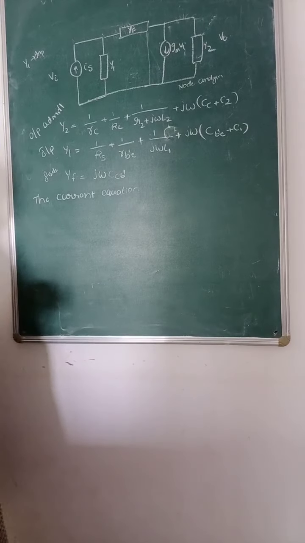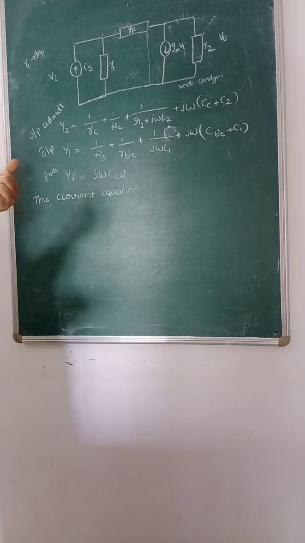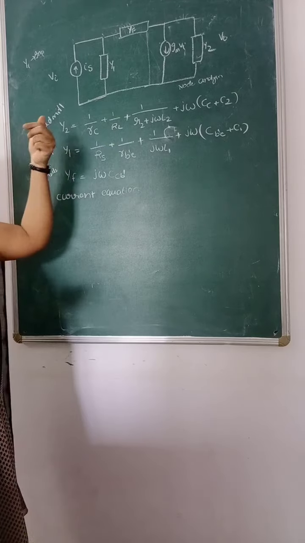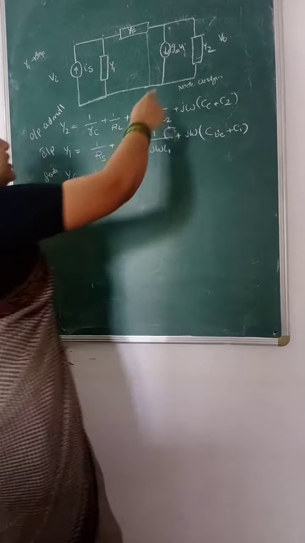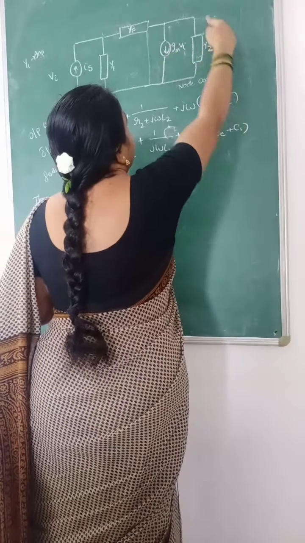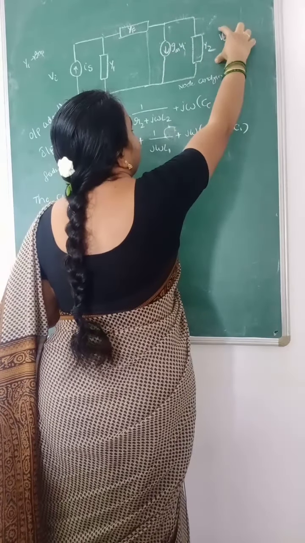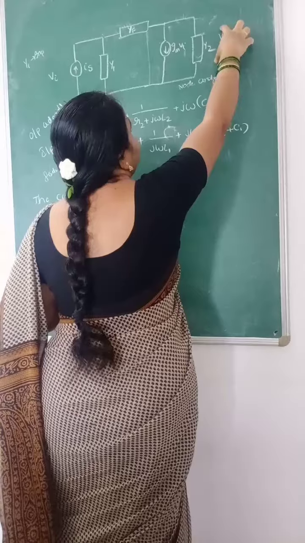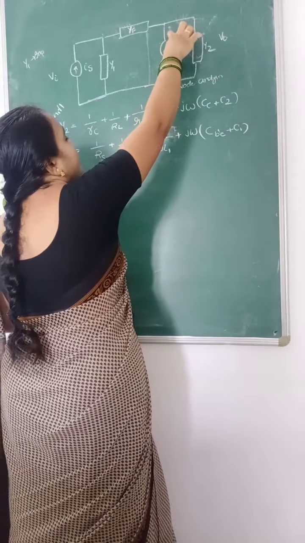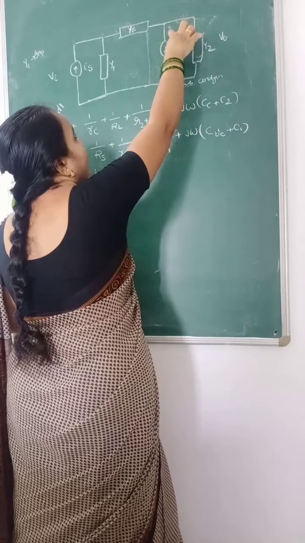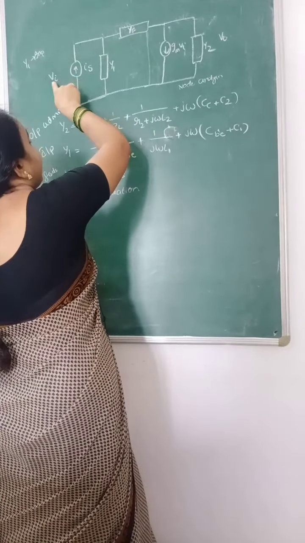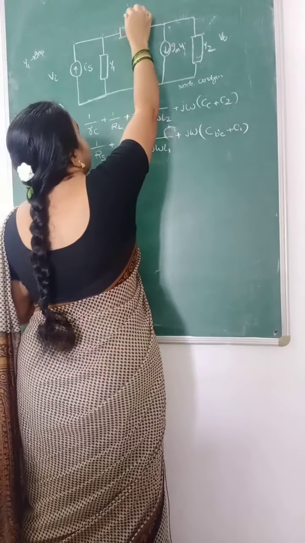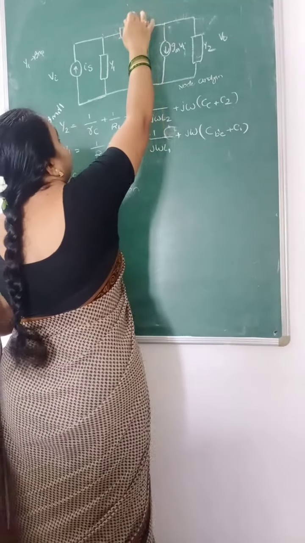These are the admittances of the output circuit, input circuit and the feedback circuit. Here the output voltage across this Y2 is Vo. The voltage across this terminal is Gm into Vi. This is the feedback admittance, so across this admittance the voltage is Vi.